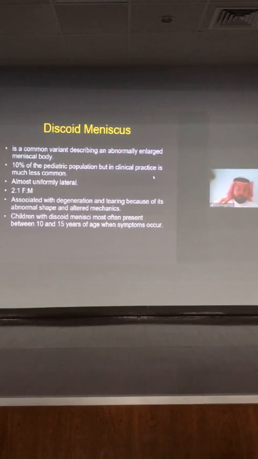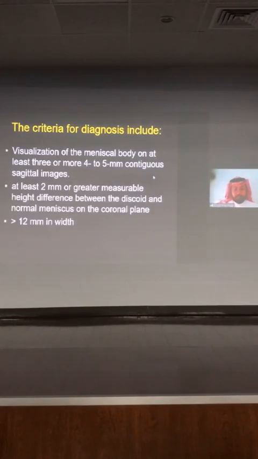I've never seen a discoid medial meniscus before, but they almost uniformly happen in the lateral meniscus. They're more common in females, and because you have a bigger meniscus, a bigger target, you get more tears in that big meniscus. Children with discoid menisci most often present between the age of 10 and 15 years when the symptoms occur. So this is where you see the patient presenting with issues.